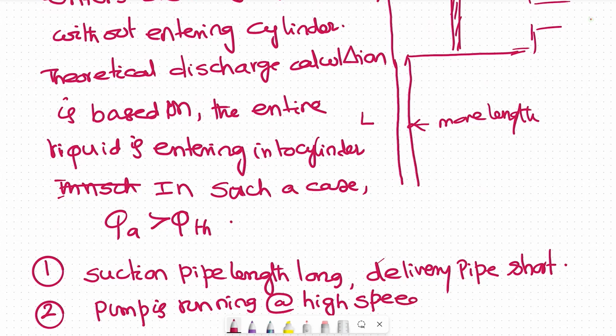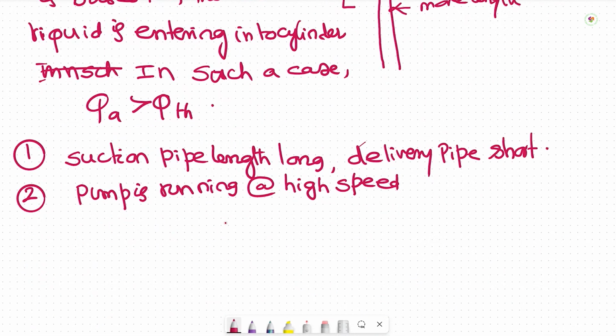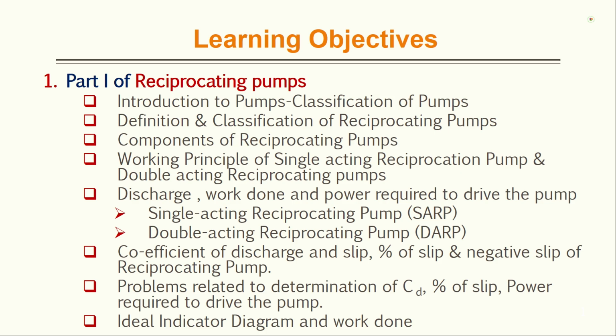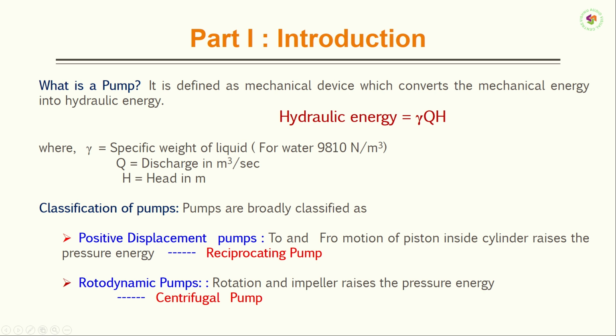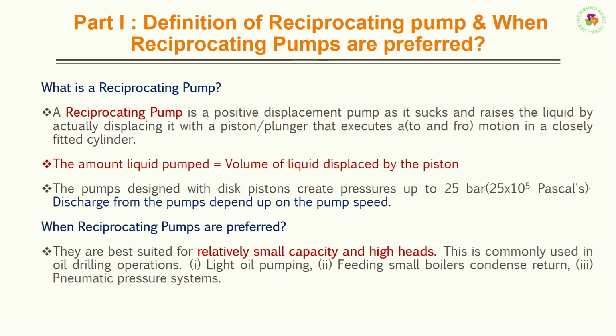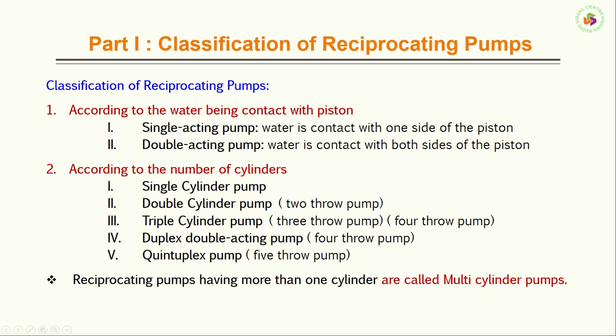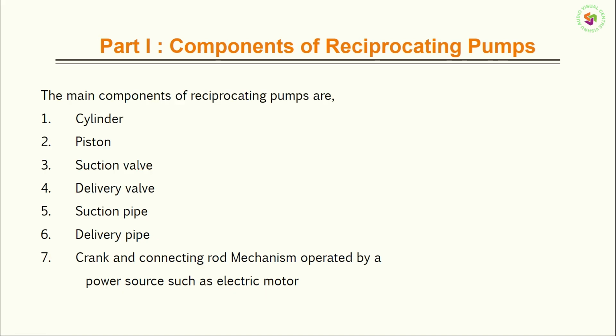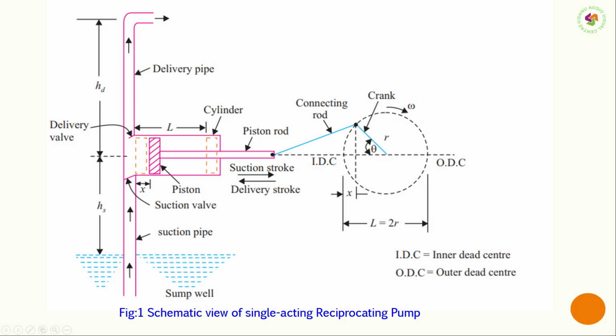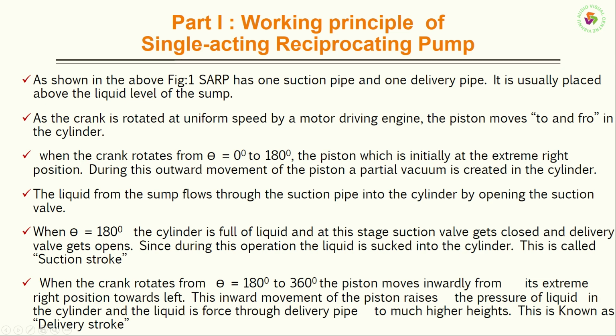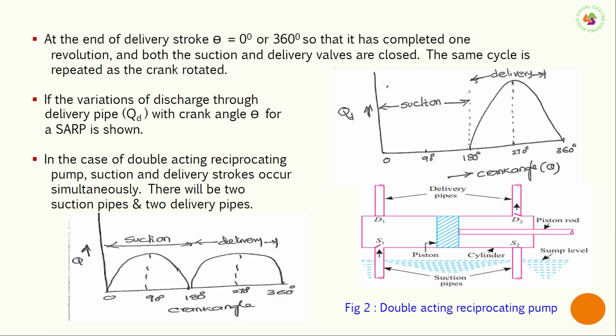Under these two circumstances, there is a possibility that some of the liquid, without entering the cylinder, may directly enter the delivery pipe. That much liquid is not being calculated because the formula is based on the amount of liquid entering the cylinder. That is why actual discharge is greater than theoretical discharge.